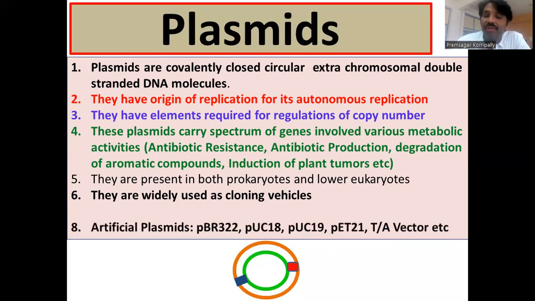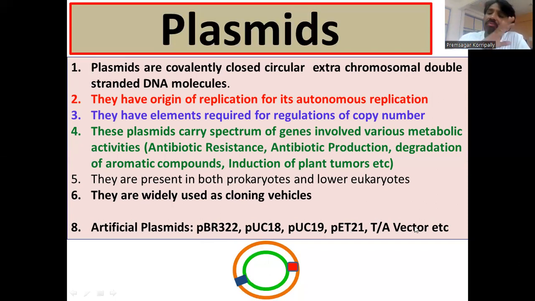And there are natural plasmids and artificial plasmids. Natural plasmids are present naturally in organisms, maybe E. coli or other bacteria. Artificial plasmids are constructed for the purpose of genetic engineering. The best examples of artificial plasmids are pBR322, pUC18, pUC19, pET, and TA vectors, and so on.